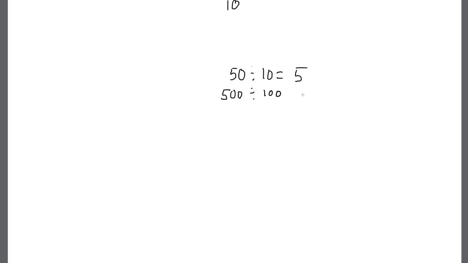A lot of people say it's 50, but the actual answer is 5. If I make this 5,000 divided by 1,000, the answer is still 5. So notice what I'm doing here: from this 50 to that 500, I multiply both sides by 10. Multiply this by 10 to get 500, multiply this by 10 to get 100. Your answer stays the same.